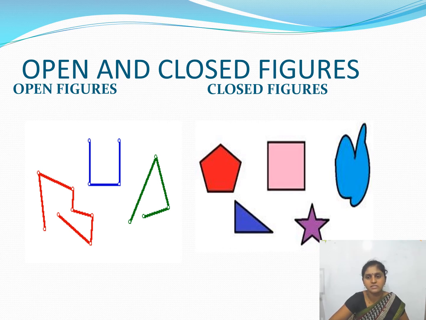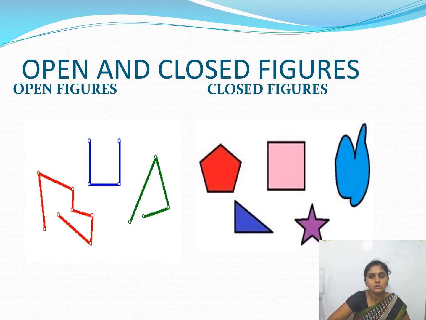So next is closed figure. Here I have started and I have moved in a different direction and I have ended at the same point. Yes, I have started here and I have ended at the same point. So if the starting and end point both are same, this type of figures we call closed figures.